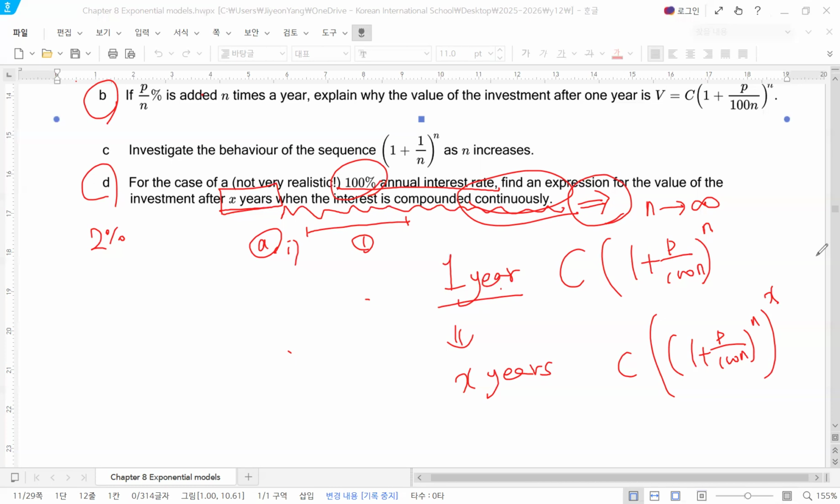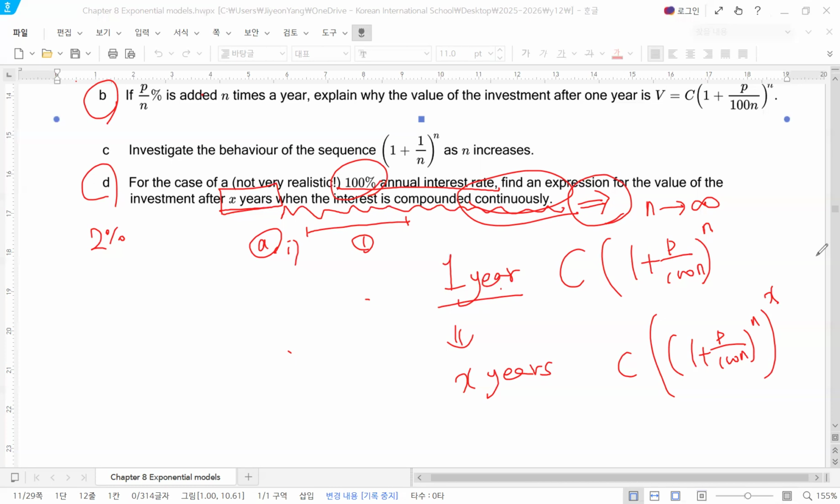And then during 2 years, how many times is it compounded, if we keep going in this way? n times and then 1 more n times, right? So in total, 2n times. Do you understand? 2n times. For 3 years, it's n times, n times, and n times.